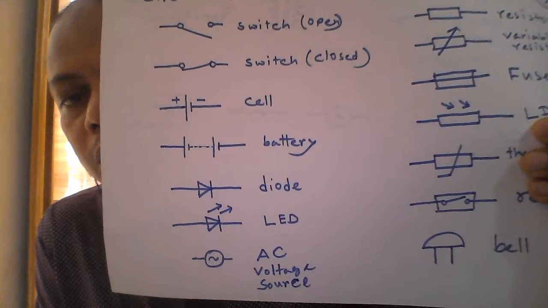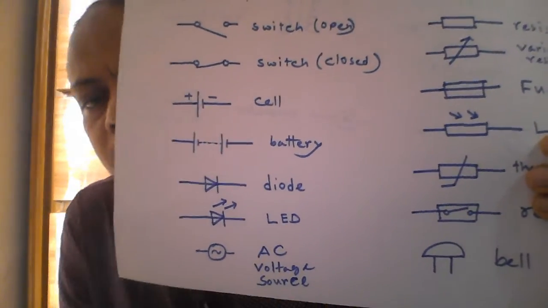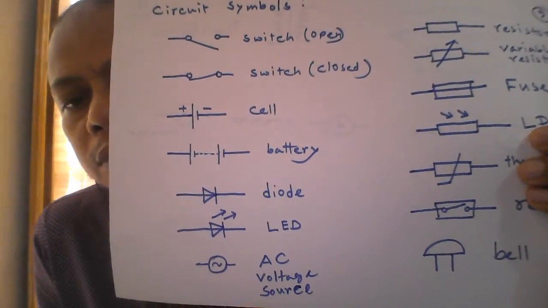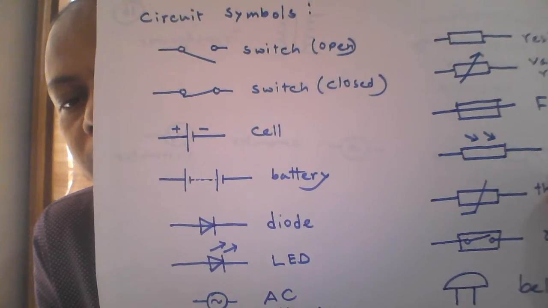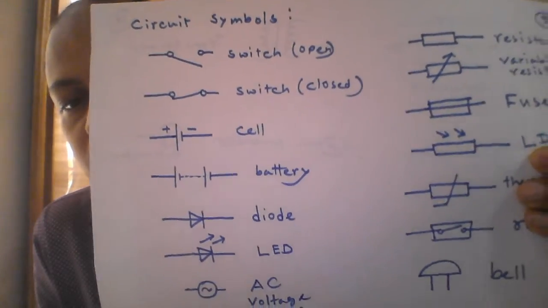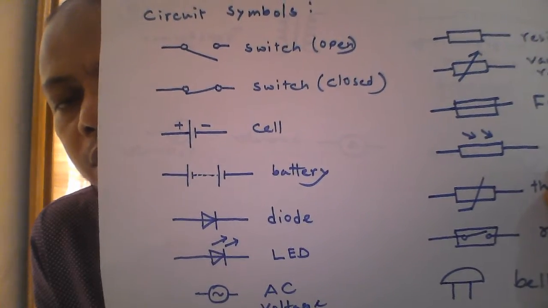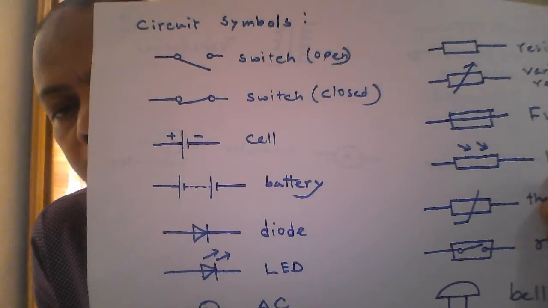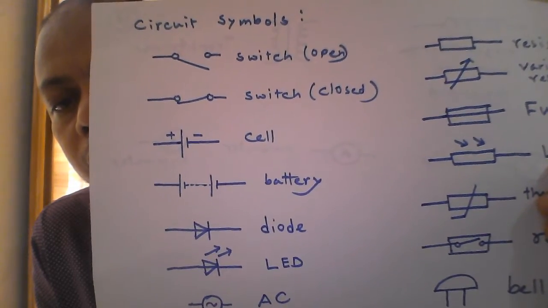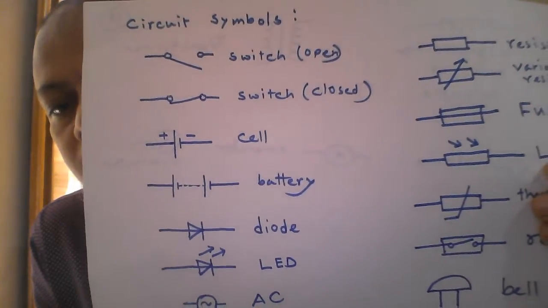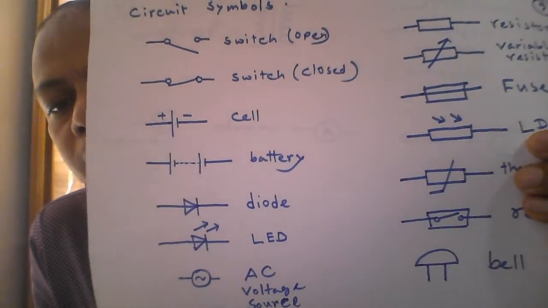Now diode is a component. This component is used to let the current pass in one direction only. The more about diodes structure and its function we will discuss in the introductory electronics in class 10. After diode we have LED.